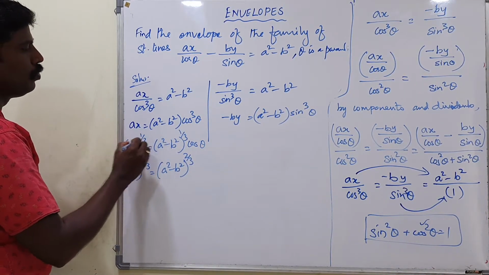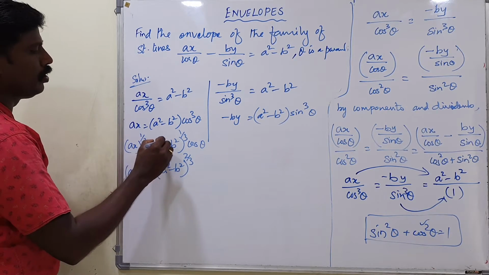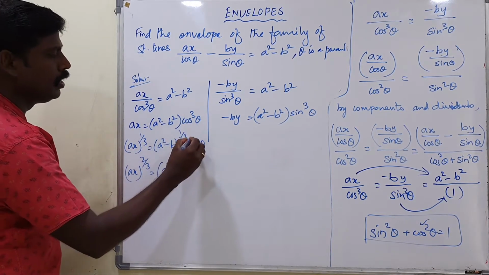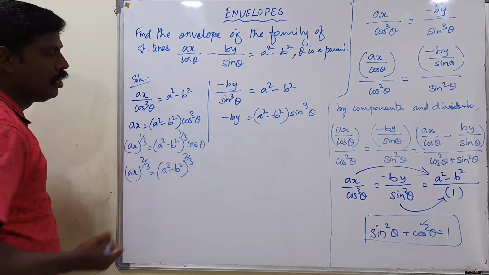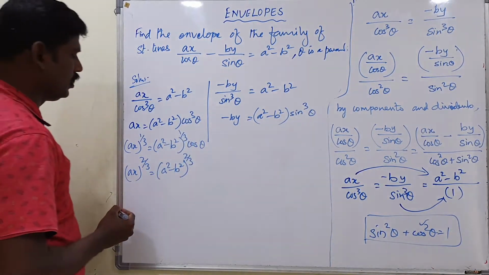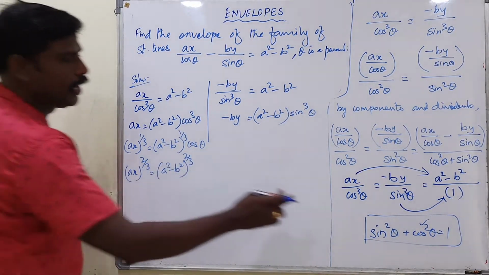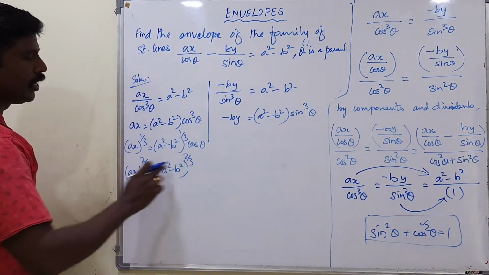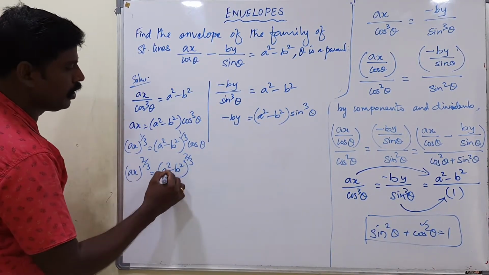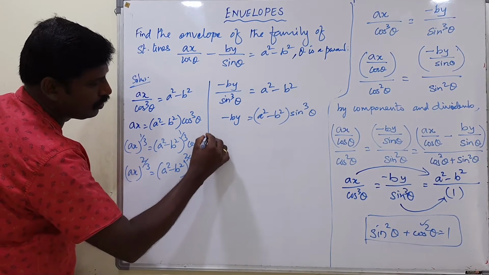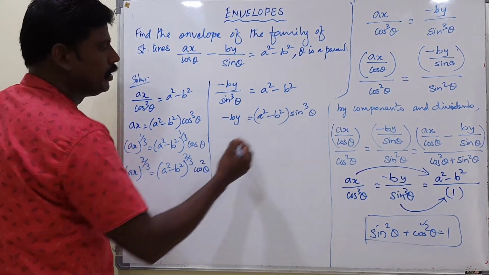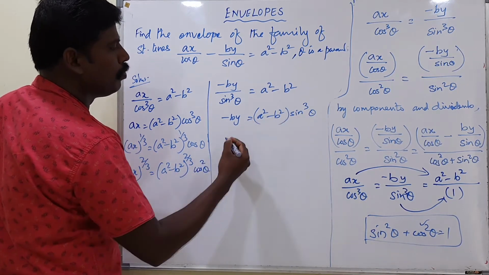So taking cube root on both sides, ax power 1 by 3 equal to a square minus b square power 1 by 3 into cos cube power 1 by 3, that 3 is cancelled with the 1 by 3, so you will get cos theta. Now to get the square, I am taking squaring on both sides. So ax power 2 by 3 equal to a square minus b square power 2 by 3 into cos square theta, isn't it? Right. Same like that, taking cube root on both sides.